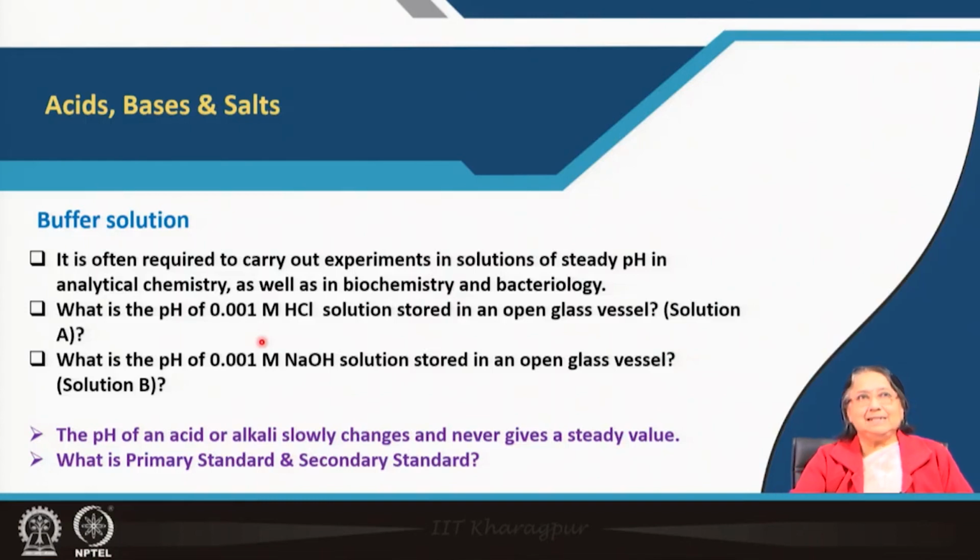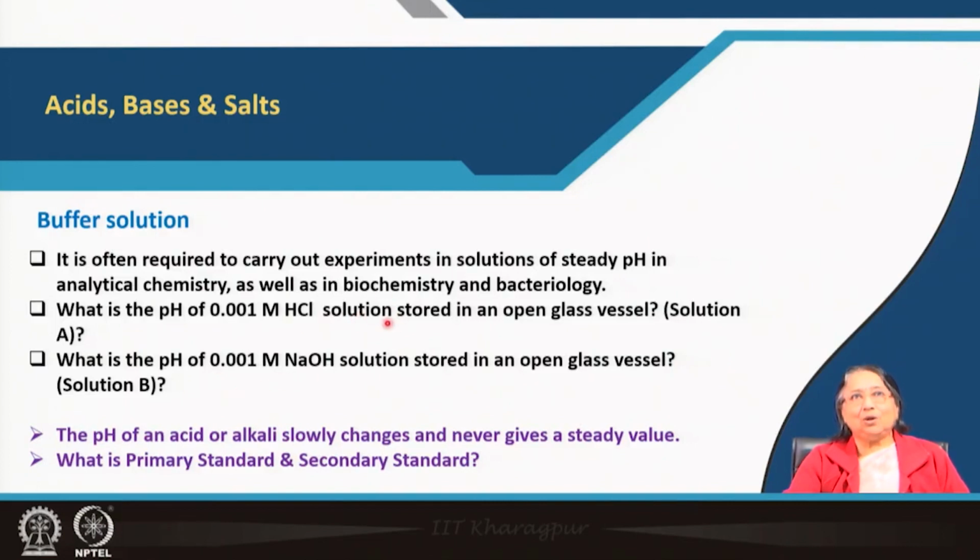If that is the case, then the pH of solution A is minus log of 1 into 10 to the power minus 3, which is nothing but 3. That means pH will be 3.